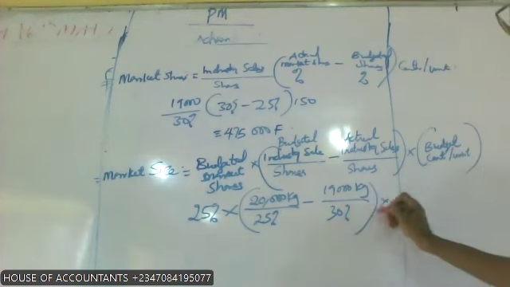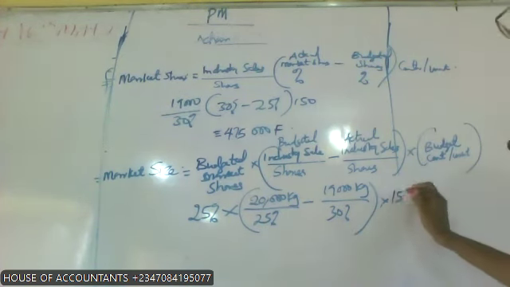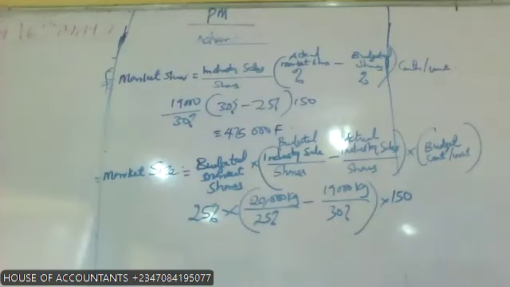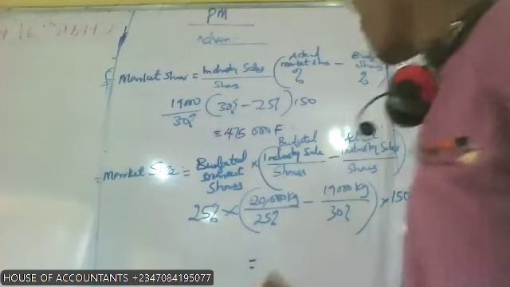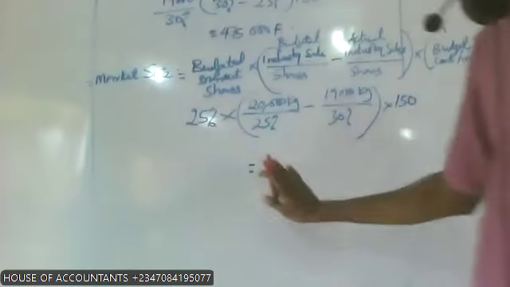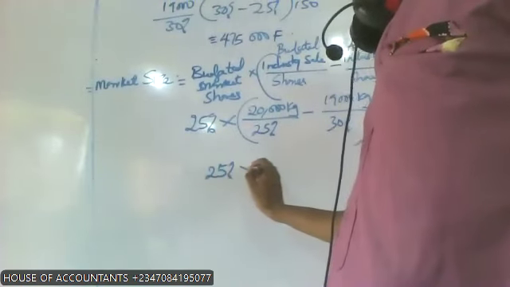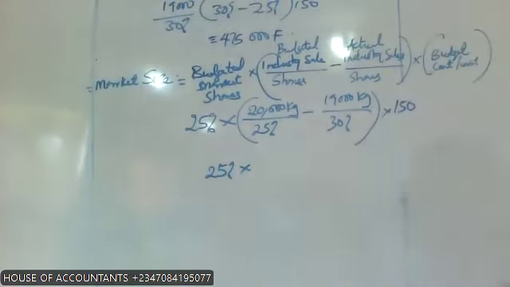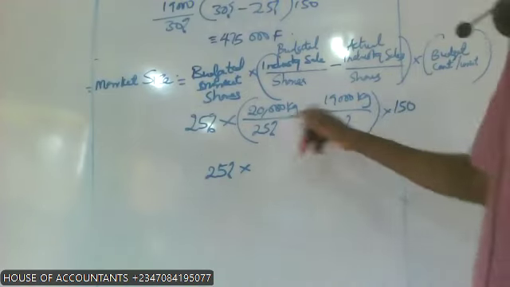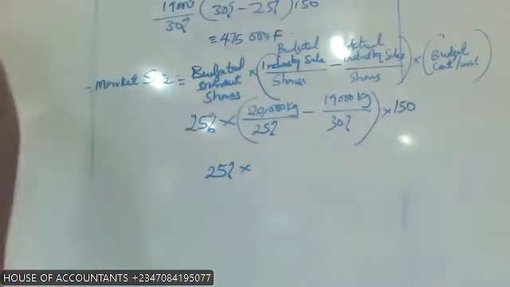Then multiply by contribution. What's our contribution? Budgeted contribution, 150. But you are able, lady, to do the one inside first. So which means that this one will be 25% times, do the middle first, whatever you get, then we multiply it by 150. And we are good.